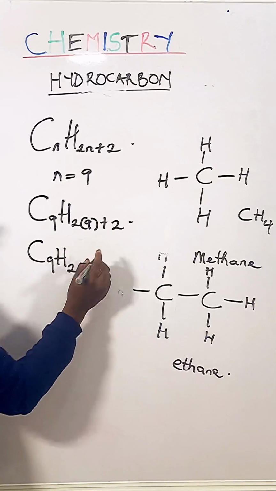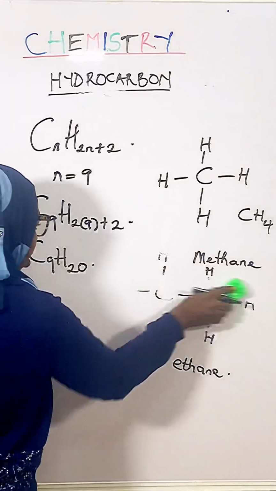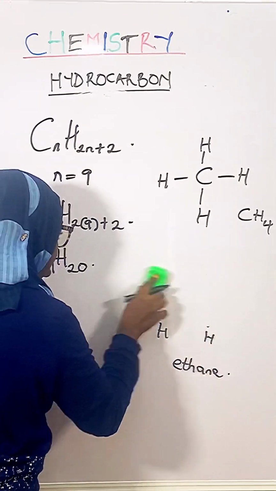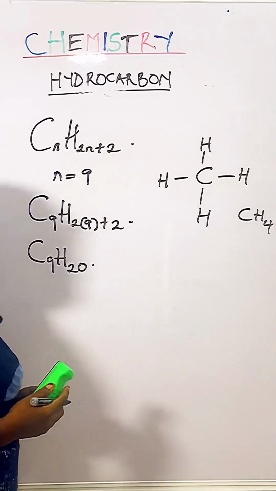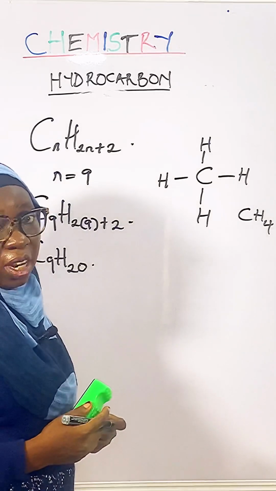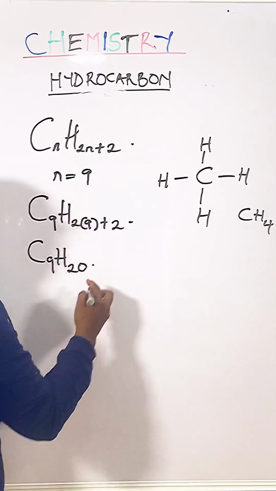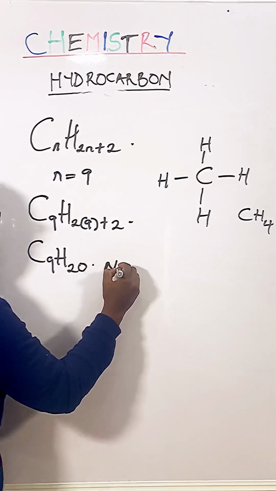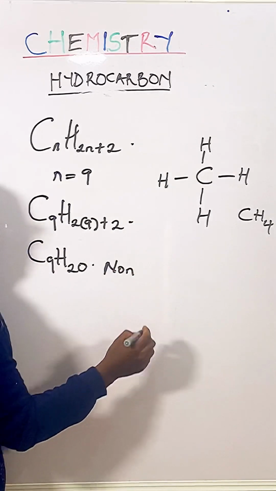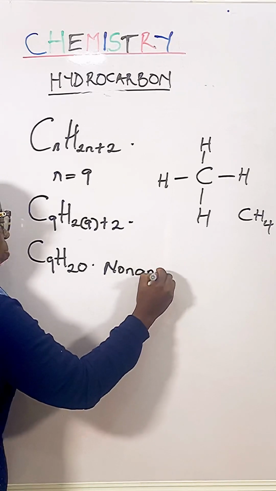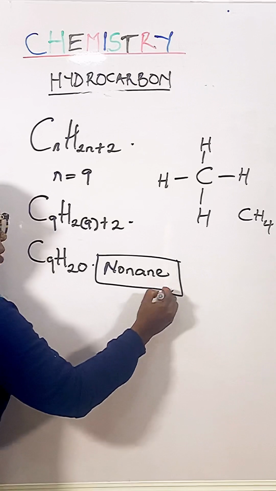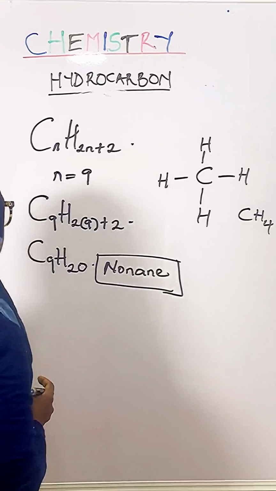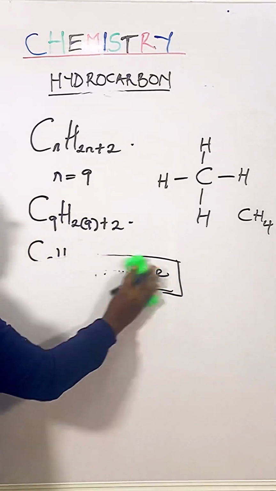So C9H20. And when the carbon atom is 9, remember, under our prefixes we have non. You end it with ANE and it becomes nonane. So that is the names of the family of alkane.